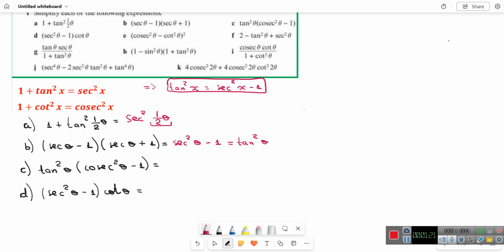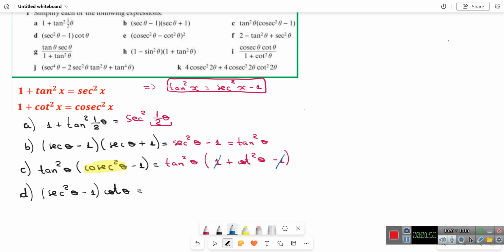If we do part C, we start from tan squared of theta times cosec squared of theta minus 1. I do nothing to the tan squared of theta, and I replace cosec squared by 1 plus cot squared of theta, minus 1.